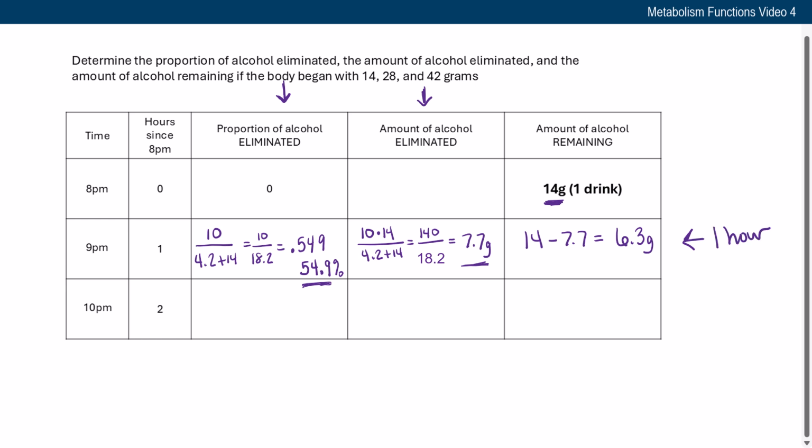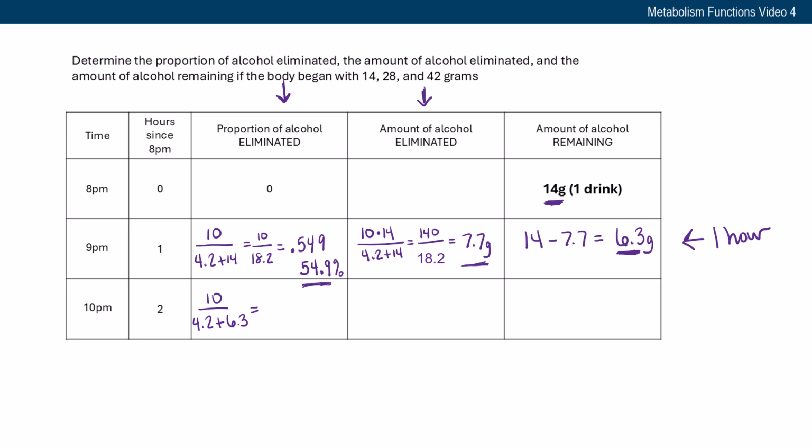Okay, we're going to continue that process and look at what happens after hour 2. So we get 10 divided by 4.2 plus A. The A here is always going to refer to the amount of alcohol that is in the system. This particular example has 6.3 grams of alcohol, so that is now our new A value.